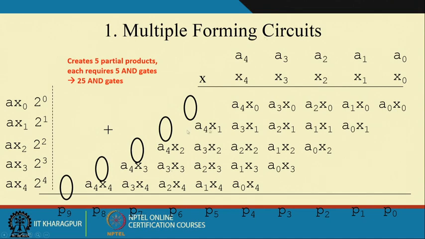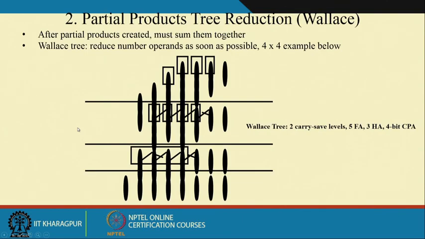This is nothing but the partial product generation unit. After that, I can use different tree reduction methods for the addition. In the Wallace tree, as soon as I get those multiples, I try to add them.